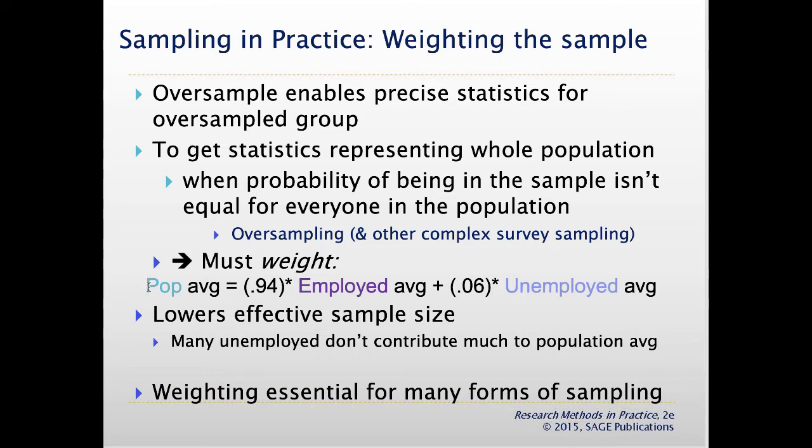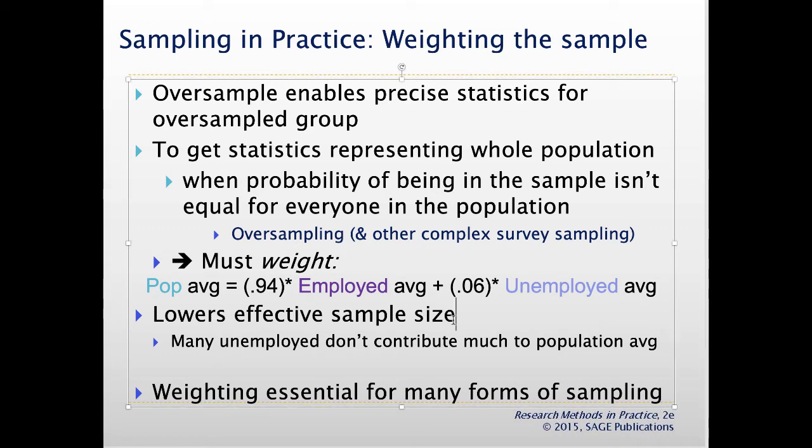And what that means is that the population average, like statistics for everyone in the labor force, will be equal to 0.94, 94%, times whatever the average of that statistic was for the employed, and only 0.06, or 6%, of whatever the average was for the unemployed. So for the population as a whole, the group that you sample disproportionately has to be weighted much lower to get averages for the whole population.